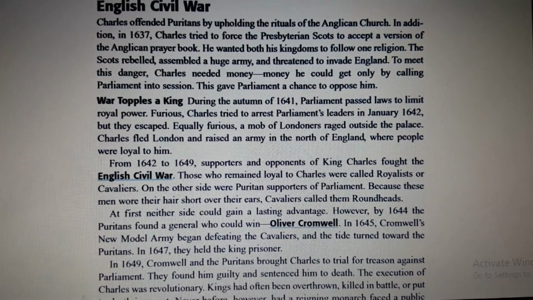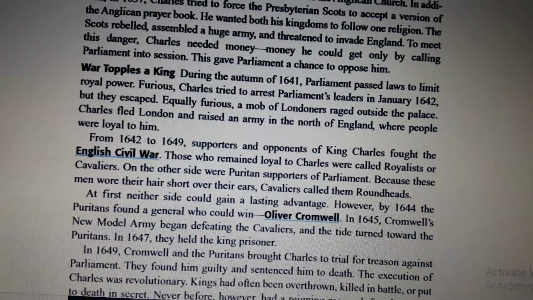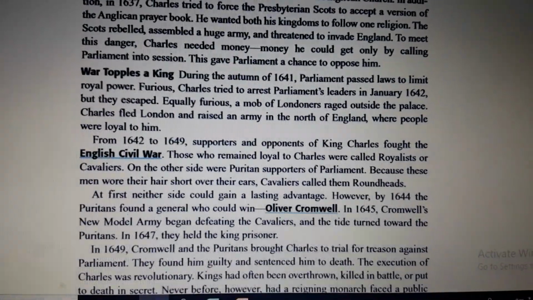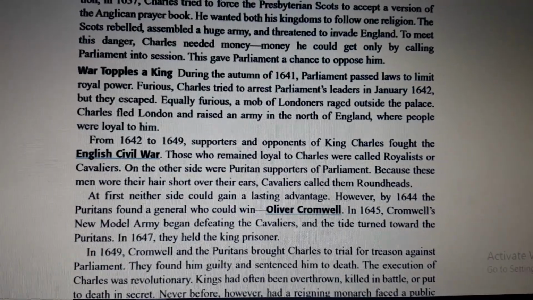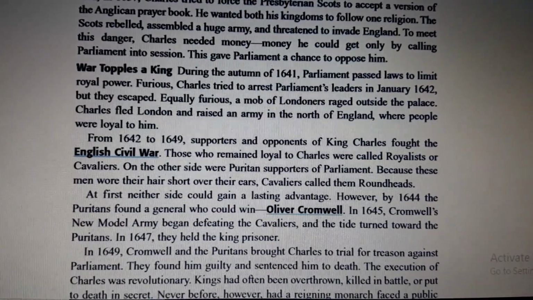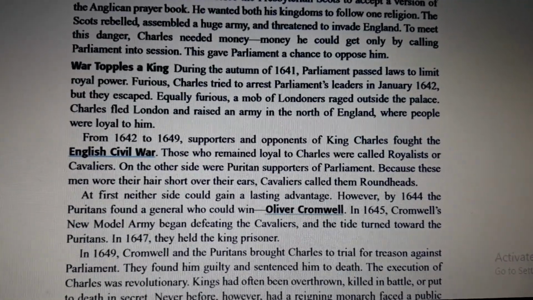In 1647, they held the king prisoner. In 1649, Cromwell and the Puritans brought Charles to trial for treason against Parliament. They found him guilty and sentenced him to death. The execution of Charles was revolutionary.